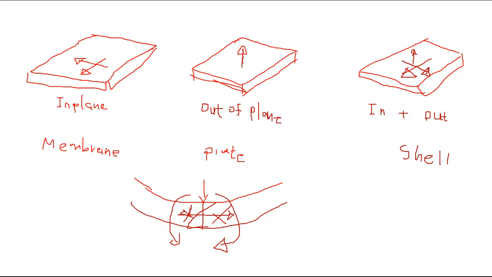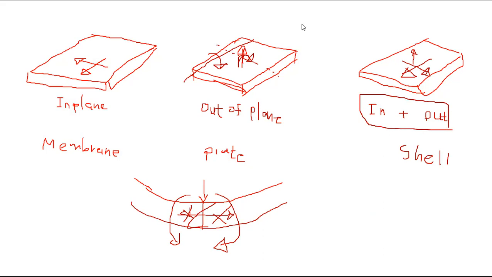This is just an arrow, not the force or moment. Out of plane, about this axis, let's say it bends like this, or else about this axis it can bend like this. So plates can take that bending, but membranes cannot. A shell element can take both. I'll be showing you an example, and first I'll show you the membrane.